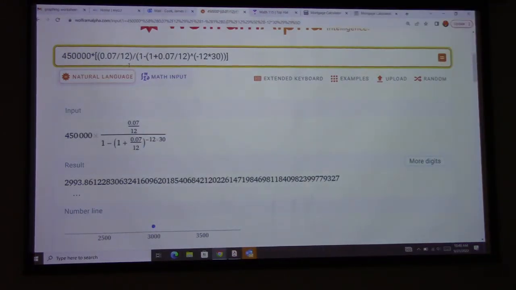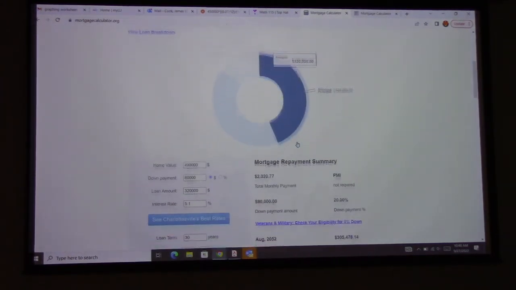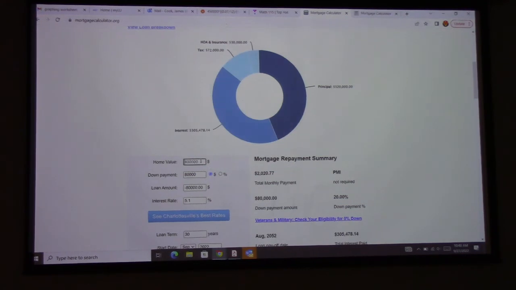As you pay the loan back, right? Let me look at this. So there's great calculators here. Let's see, our example was what, 450,000? No, the home value was 500. Why won't it? Well, that's annoying. It won't let me click in there.